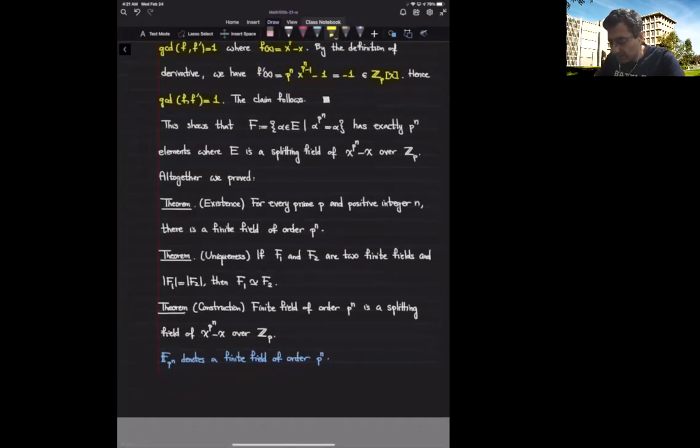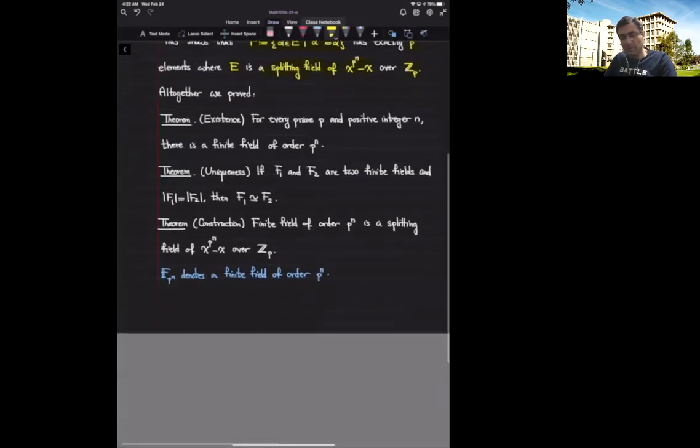That means this set of zeros has exactly p to the n elements in the splitting field of this polynomial over Z_p. Now let's summarize what we have proved. We showed the existence: if p is prime and n is a positive integer, then there is a finite field of order p to the n.